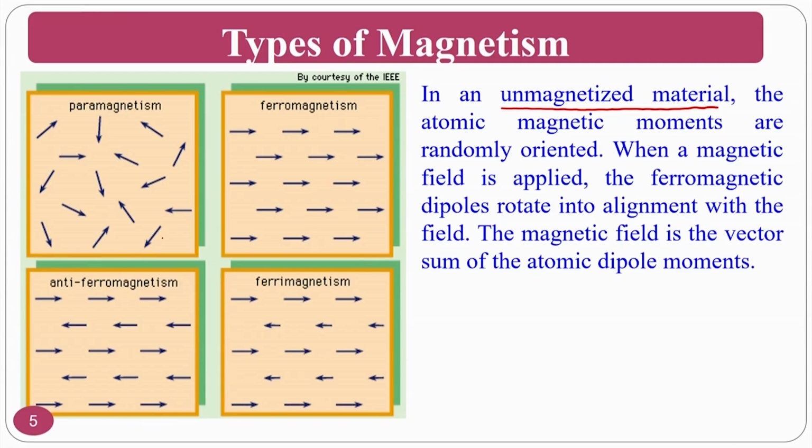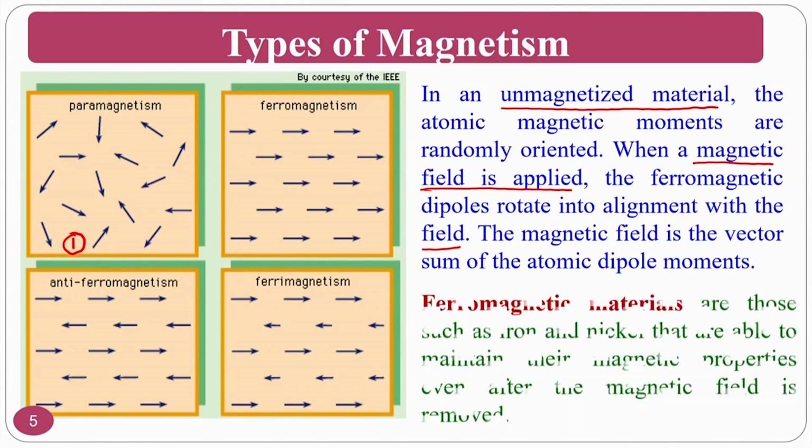As you can see here in figure 1, these atomic magnetic moments are randomly oriented. When the magnetic field is applied, what will happen? These will all align in one direction. That is, the dipoles rotate to align along the field. This magnetic field is a vector sum of the atomic dipole moments. Like this it will arrange.